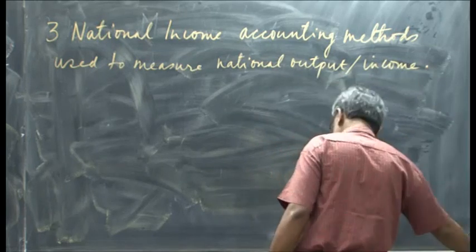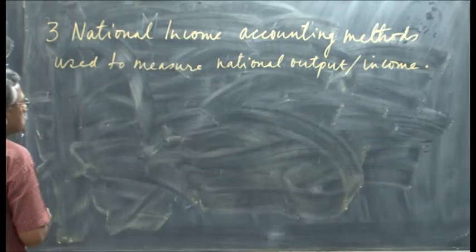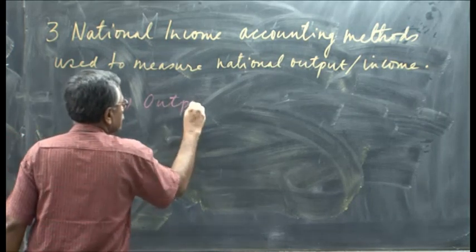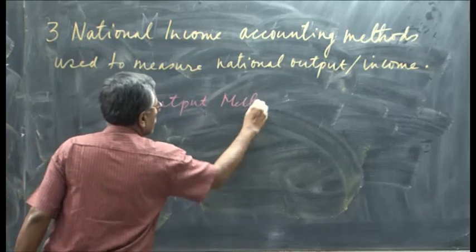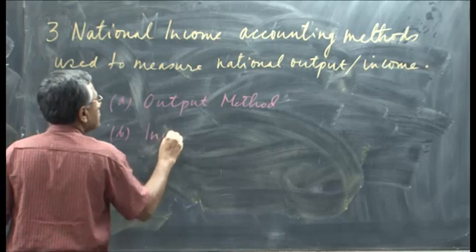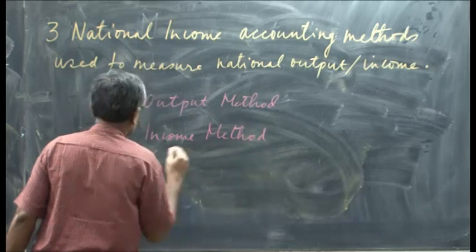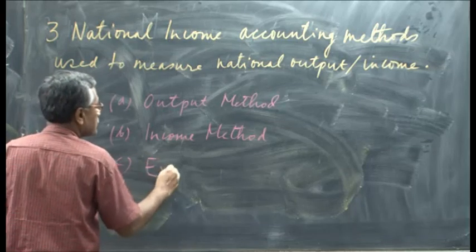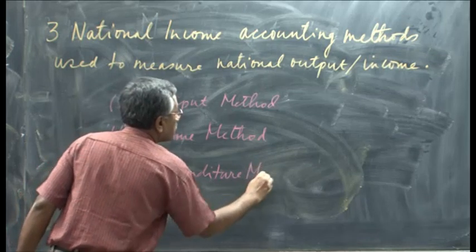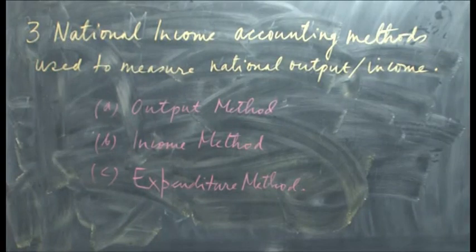There are 3 methods, and these 3 methods that they use are A, output method, B, income method, and C, expenditure method. So I have to take them up one by one and talk about that. Output method, income method, and expenditure method.